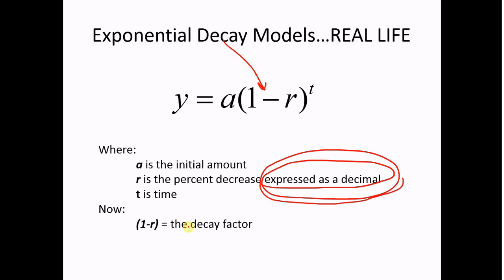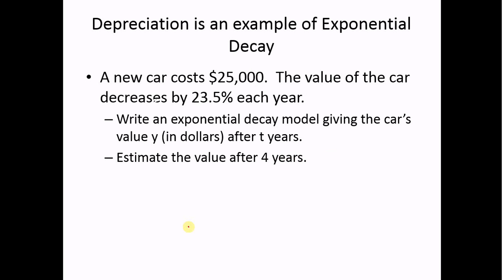1 minus r is going to be depreciation. Almost every one of us has heard about it. Your car is going to drop in value as I drive it, just because I'm driving it and the years are getting older. So let's say I buy a brand new car. It's $25,000. And I want to find the value, as the car's value is going to decrease by 23.5% each year. Very large percent.